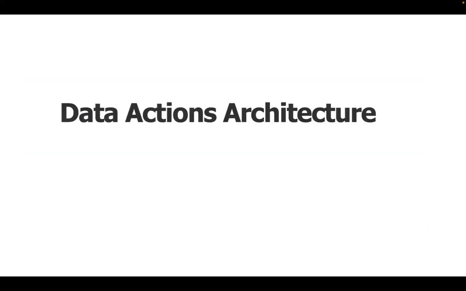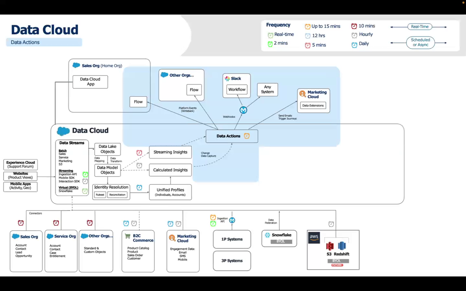But when you look at the architecture behind data actions, you should understand more about how exactly this architecture has been designed. If you look at our internal home org, our Data Cloud app, a lot of questions come up: you have a Data Cloud org, and a sales org which sits outside of the Data Cloud org, and there are different permutations and combinations where you can integrate with or leverage data actions.